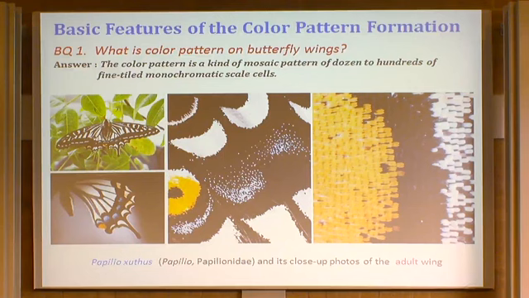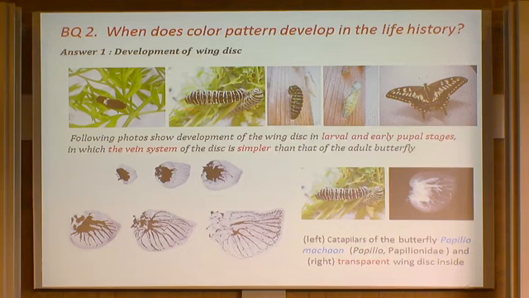The second question: when does color pattern develop in the life history? You can see the development process of a yellow-colored butterfly, Papilio machaon, here: the larval stage, the pupal stage, and finally becoming the adult butterfly.